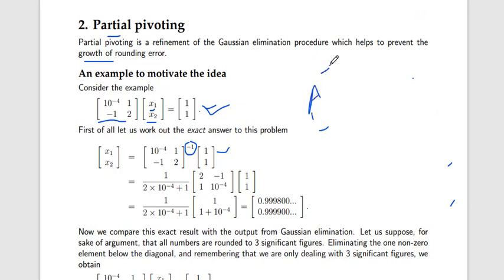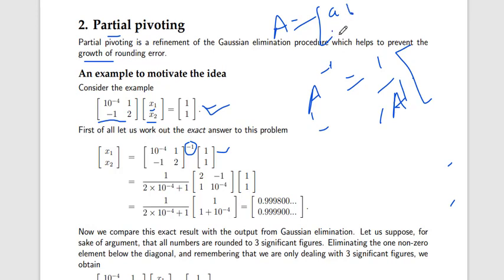A inverse is equal to 1 upon the modulus of A, and if A is equal to [a, b; c, d], then we swap the positions of the diagonal elements, D and A, and we put a minus in front of B and C, minus C, minus B.